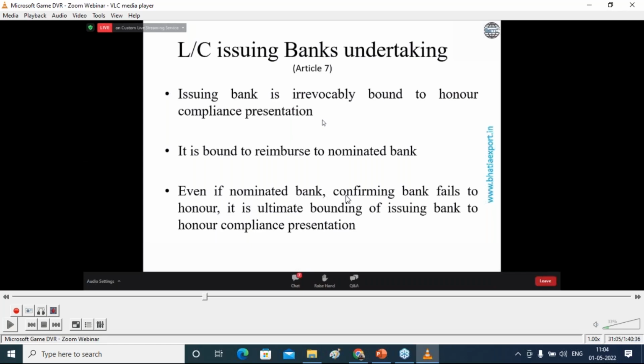Even if the nominated bank or confirming bank fails to honor, it is the ultimate obligation of the issuing bank to honor the complying presentation. Suppose there are other intermediary banks involved, like a confirming bank or advising banks, but the obligation is on the issuing bank, the bank which has opened the LC.